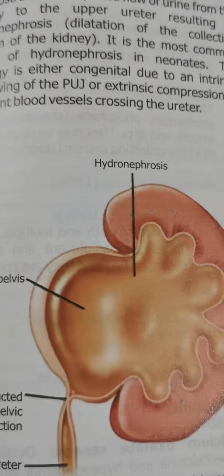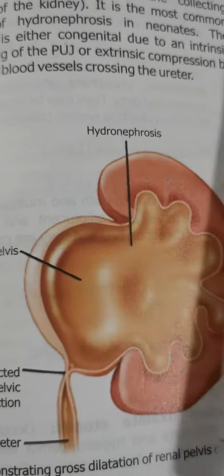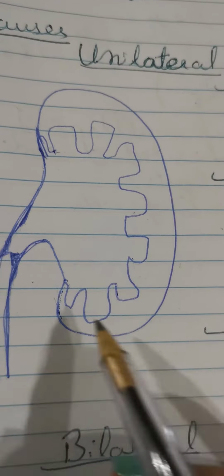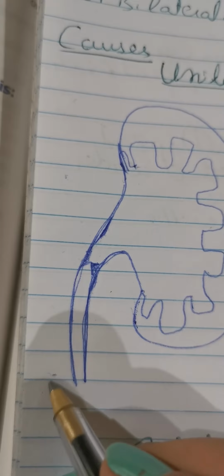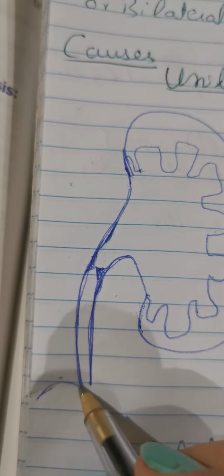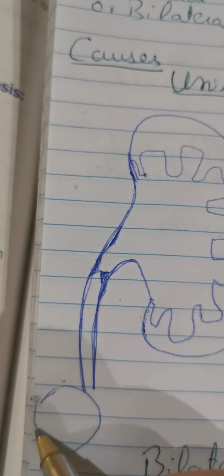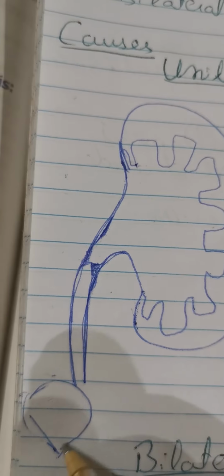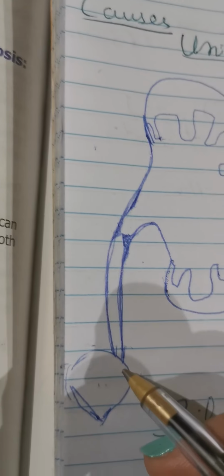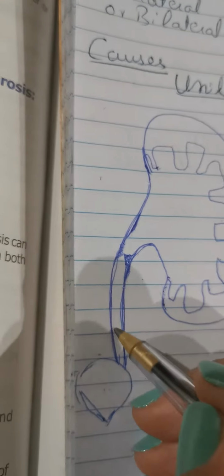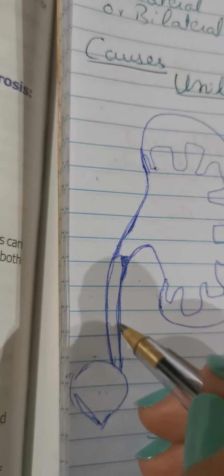And another intramural cause may be carcinoma of the bladder, which will be present somewhere here, right? If that makes sense. So the bladder is cancerous, which causes urine outlet obstruction, or the ureter may be cancerous, right?